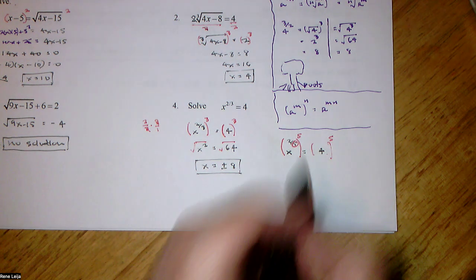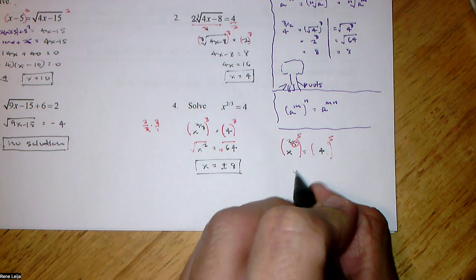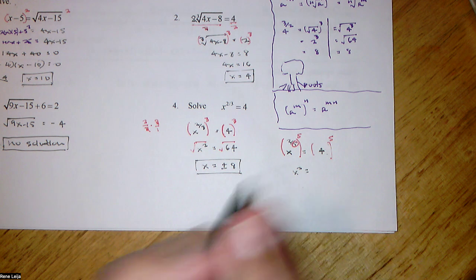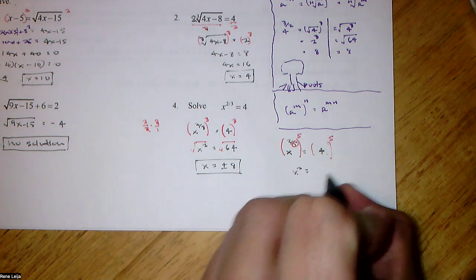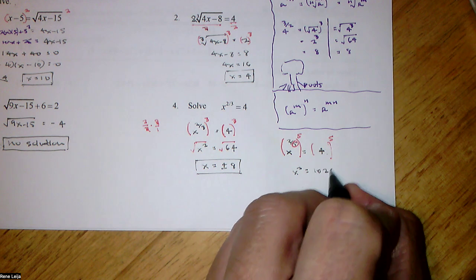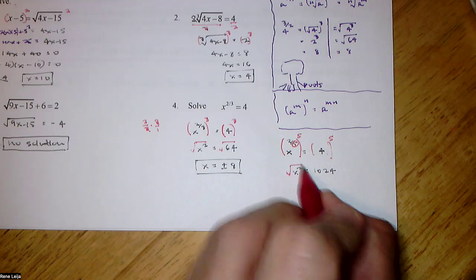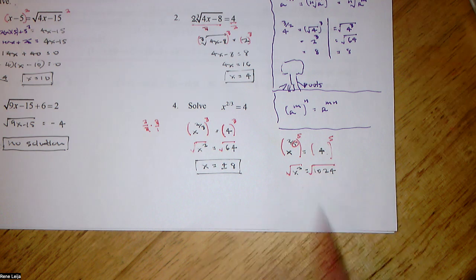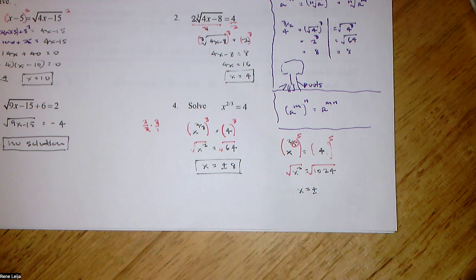On the left side, the 5 and the 5 in the denominator are going to knock each other out to just leave you with x squared equals 4 to the 5th. So 4 to the 5th power is going to give you 1,024. Now that's a big number, but we're going to take the square root of both sides. So now x equals, don't forget your plus and minus.